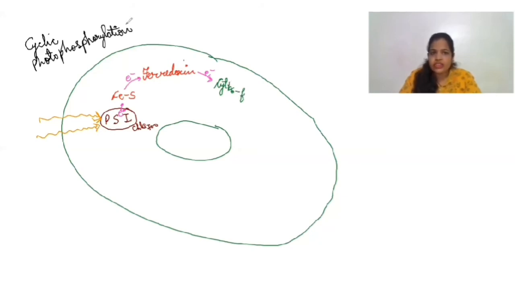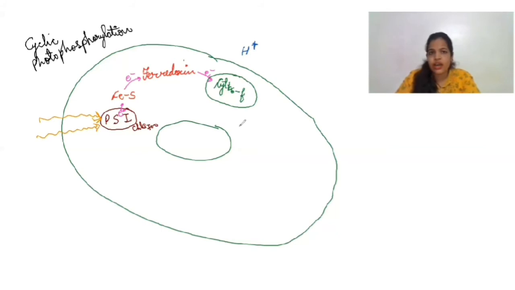Now, in this cytochrome complex, what happens? Sorry, electrons were carried by ferredoxin, but cytochrome is a special one. It says that I don't want just electrons, I want more. So what does this thylakoid offer? This thylakoid offers the protons from the stroma.